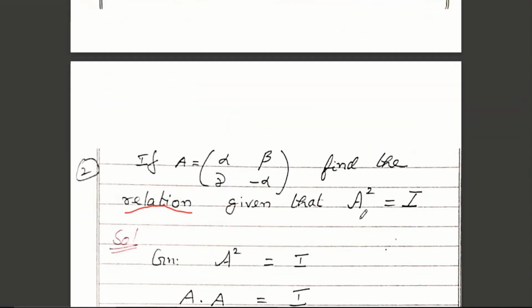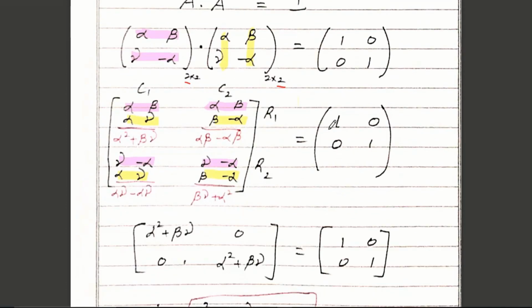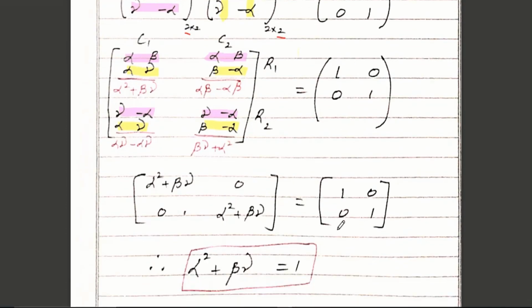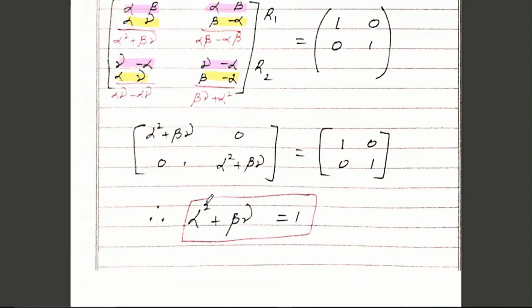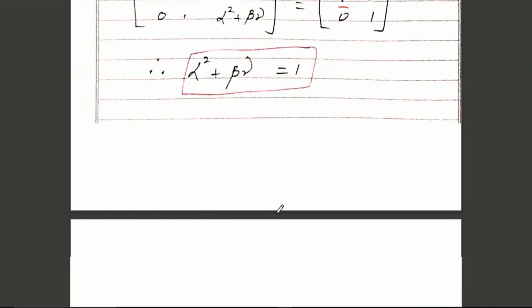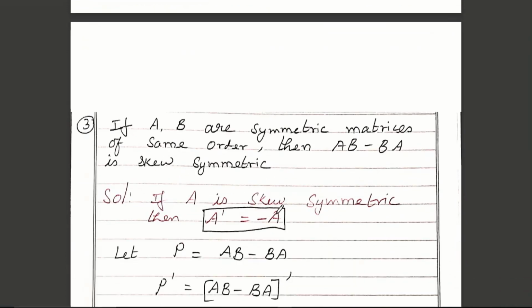Since it is given that A square equals I matrix, I have equated it to the identity matrix 1 0 0 1. It is asking me only the relationship. So I can equate the corresponding elements, which are the same. Here the corresponding element is alpha square plus beta gamma, and here it is 1. So I have ended up with this relation: alpha square plus beta gamma equals 1.